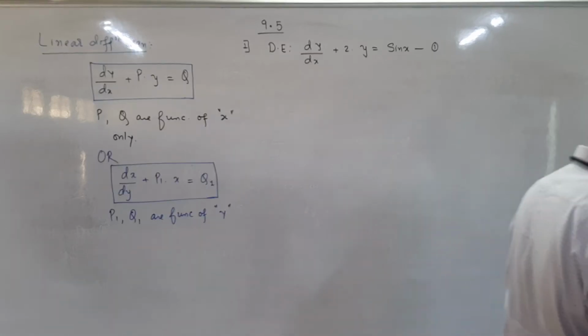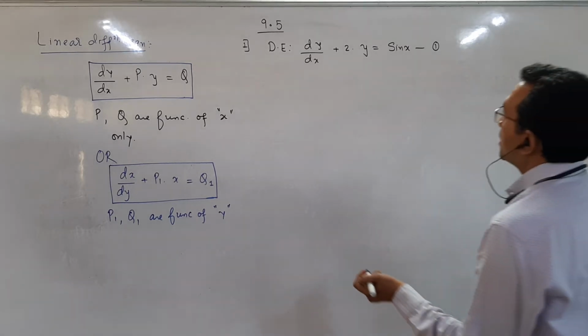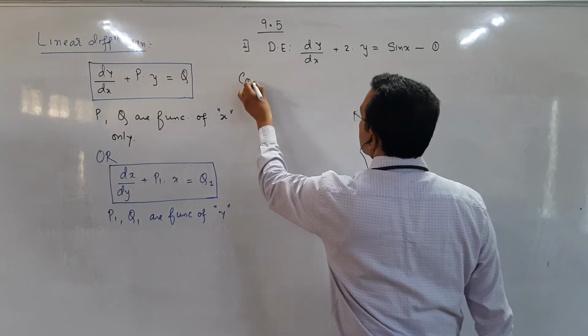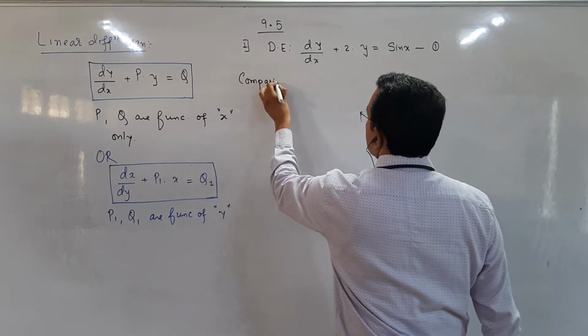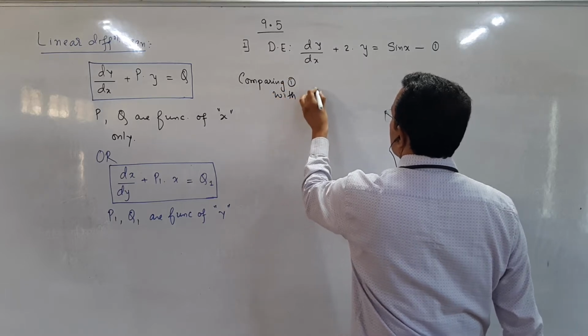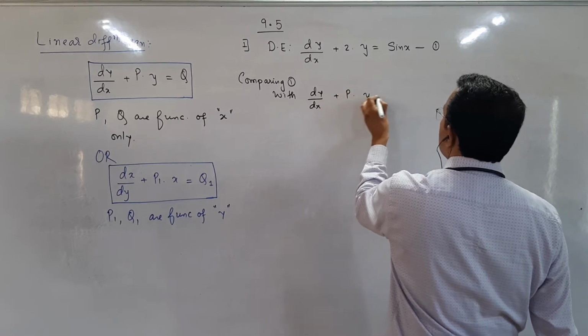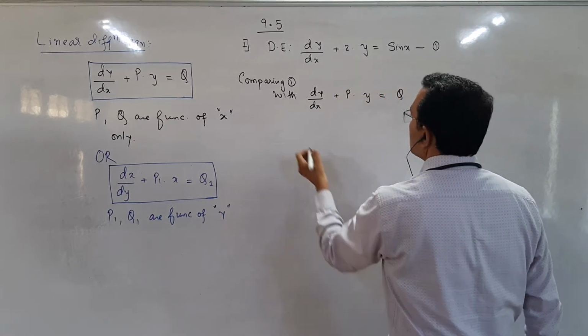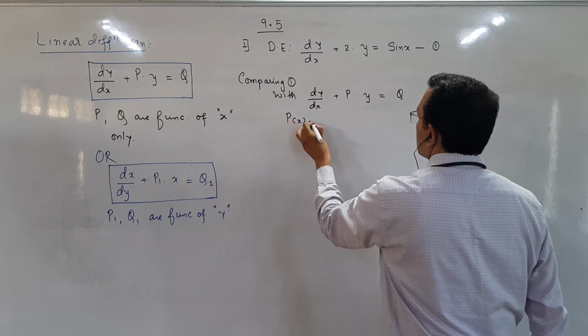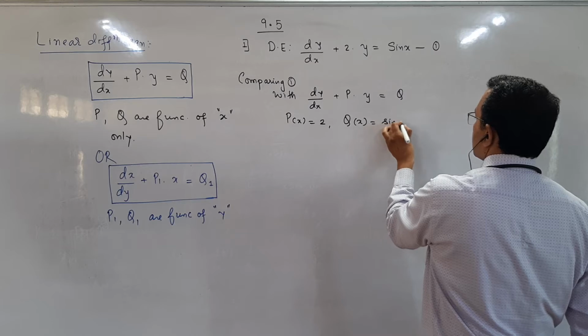Always number the given differential equation as equation 1. Now, students, compare 1 with dy by dx plus p into y is equal to q. P of x is a constant which is 2 and q of x is sin x.